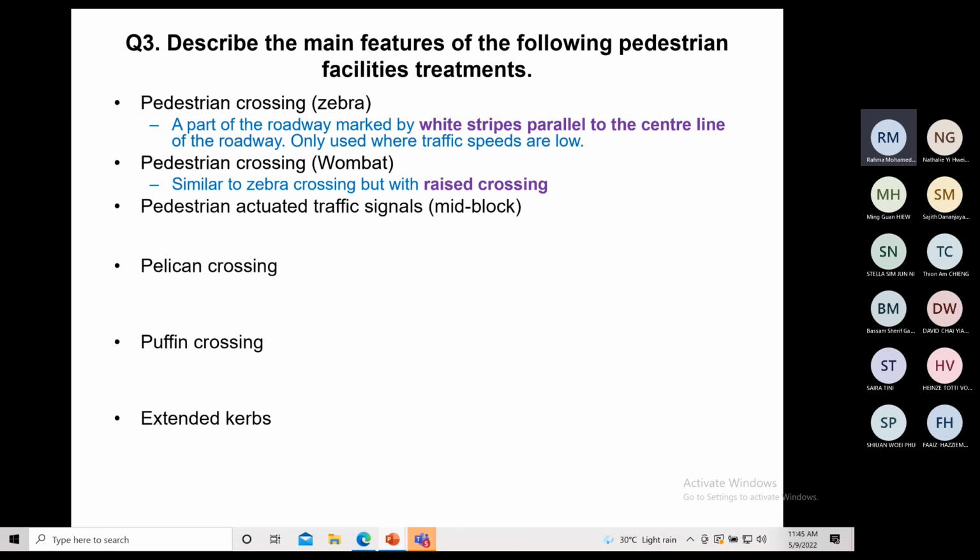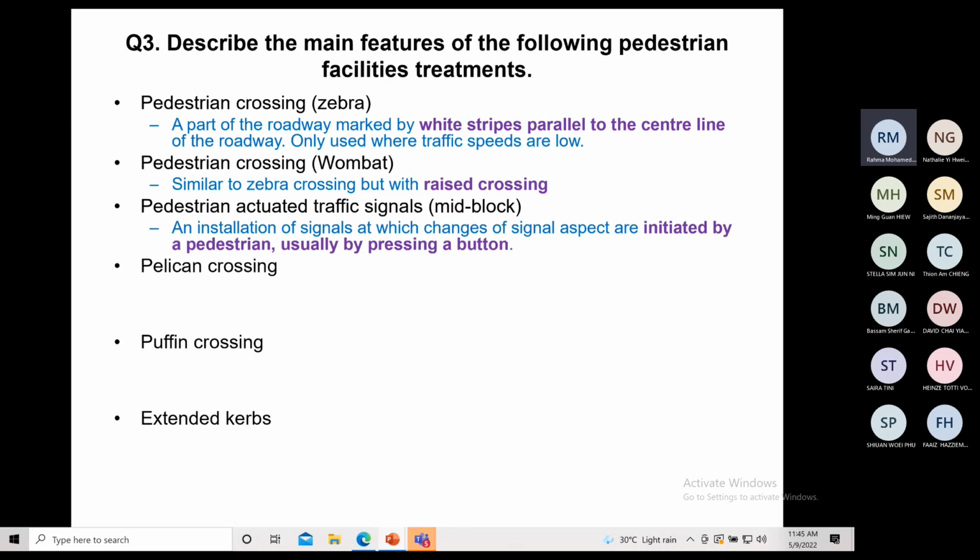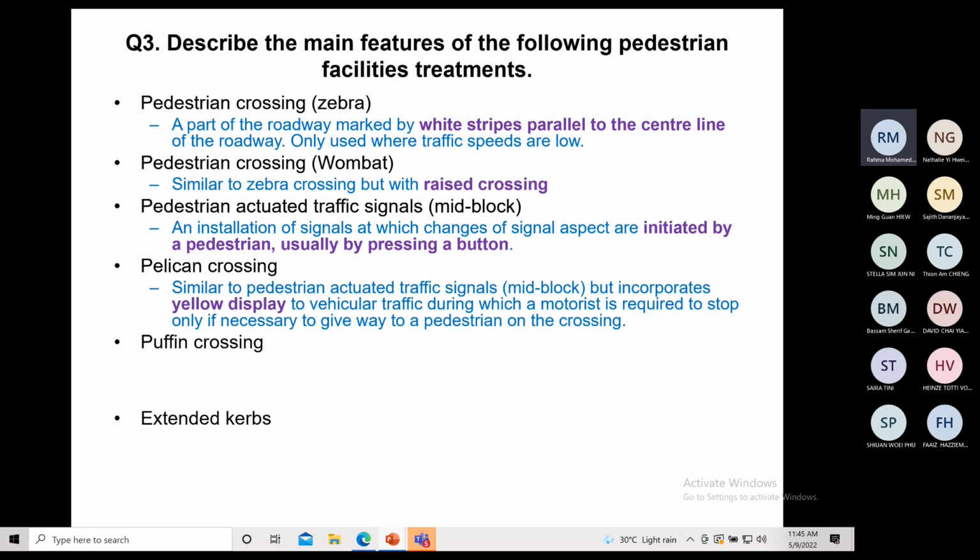Then we have pedestrian actuated traffic signals. These ones are initiated by a pedestrian, and usually they have a button to be pressed. Then we have pelican crossing. The difference between pedestrian actuated and pelican crossing is that the pelican crossing, as I said earlier, has a yellow flashing display so as to reduce delay, so that if the driver judges there is no pedestrian, they can start moving earlier.